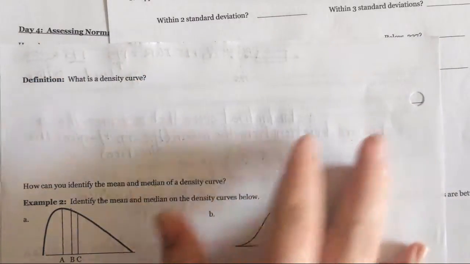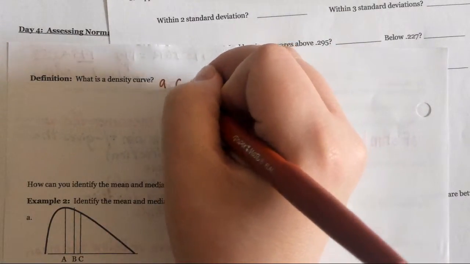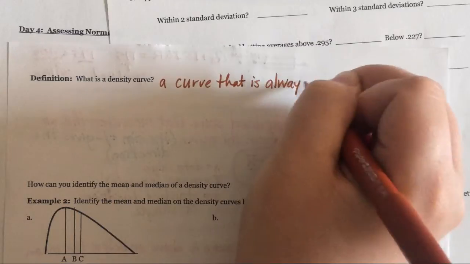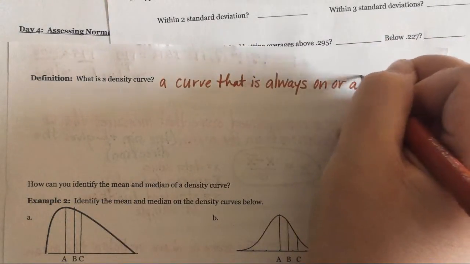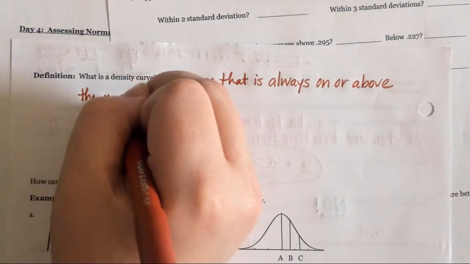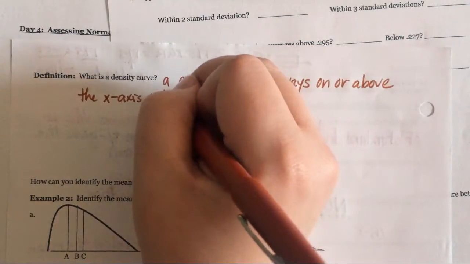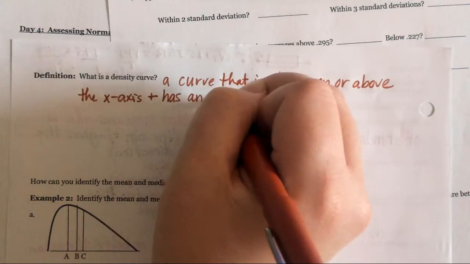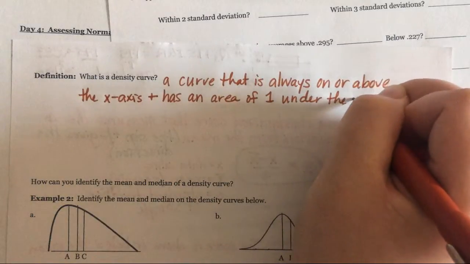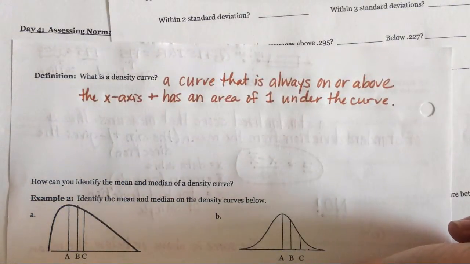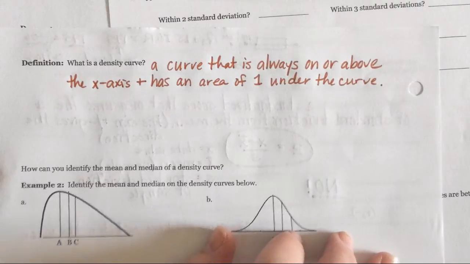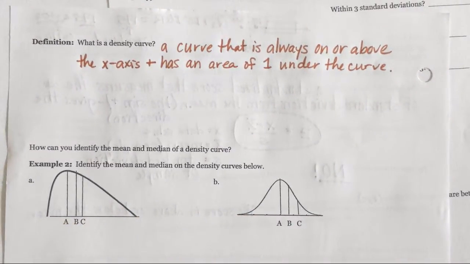I highly recommend that. So a density curve is a curve that is always on or above the x-axis. We can see a few examples about to come up. And it has an area of 1 under the curve.